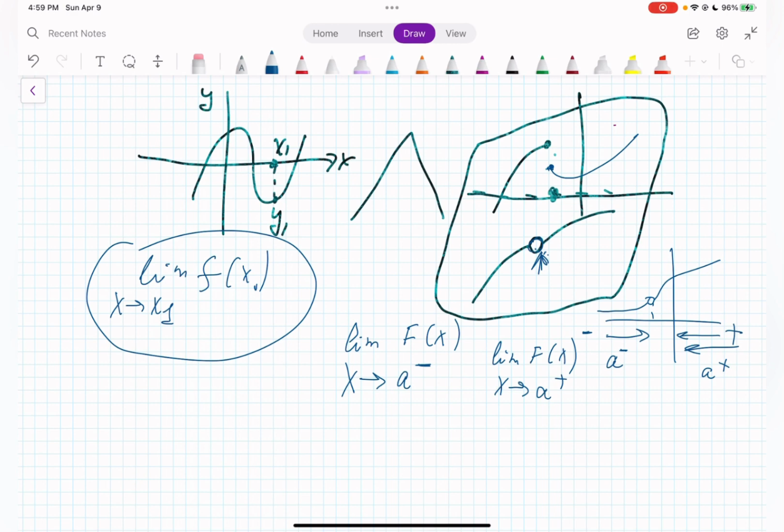Now, why do we look at separate sides, splitting into two separate ways? Every science is taken from life. Let's say we are walking in the woods and we have some hole.